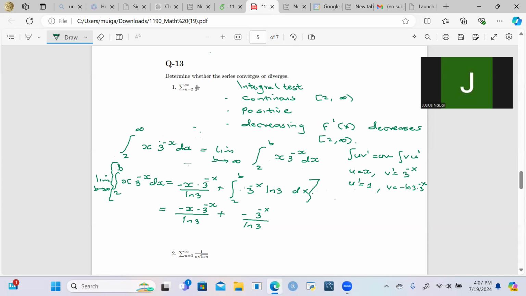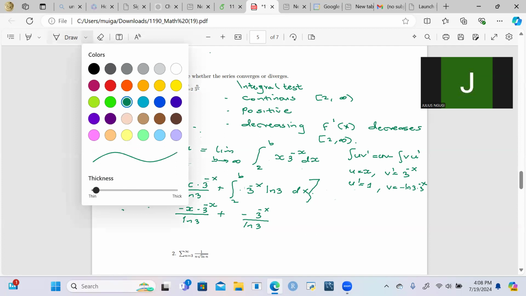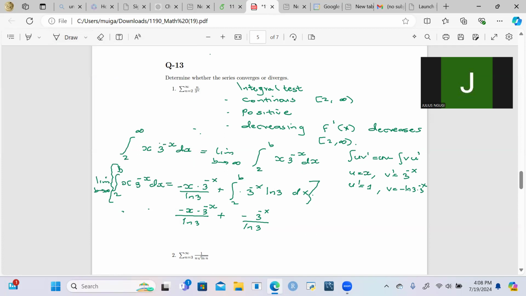So for the first one, we have a limit. I can remove this equal sign here, and we have the limit as b becomes big of all this, from 2 to infinity. So this will become the limit as b tends to infinity. So you have minus x. I can factor out 1 over ln of 3.